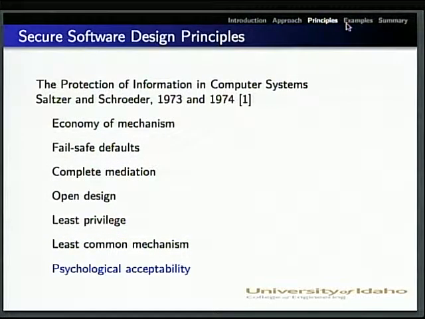And then psychological acceptability, and I'm also going to add in here, I will say psychological and social acceptability. For example, if your bank website, or a website that you need to connect to every day in order to perform your job, requires you to enter 10 different passwords, then that's probably not going to be psychologically and socially acceptable to most of the employees.